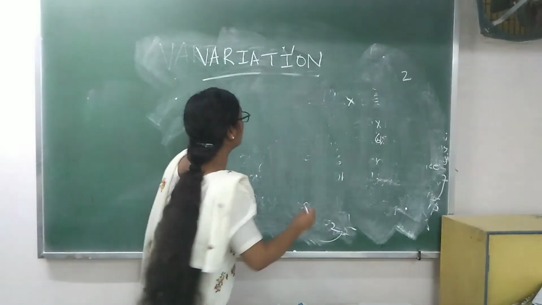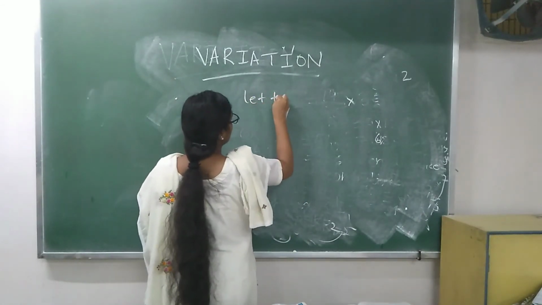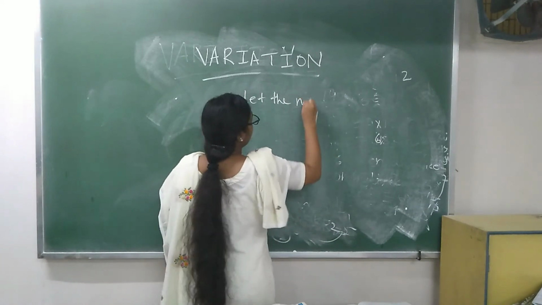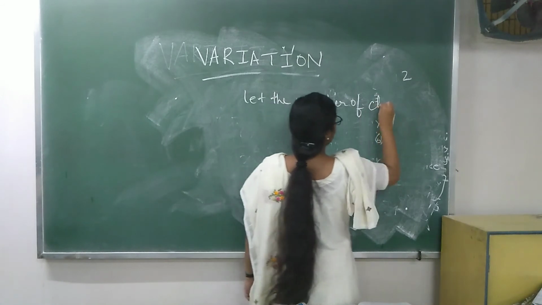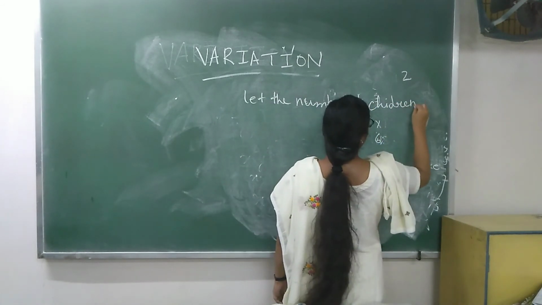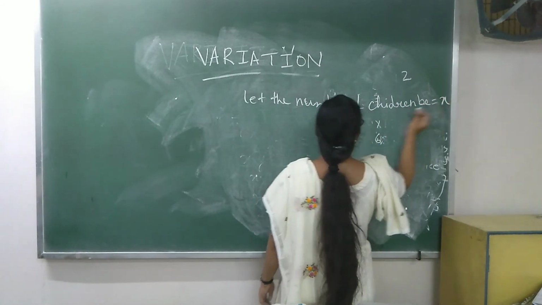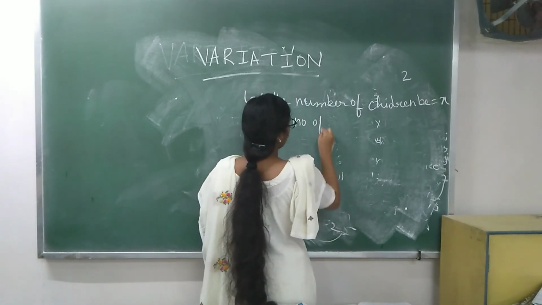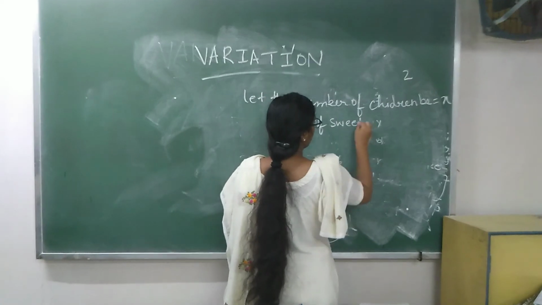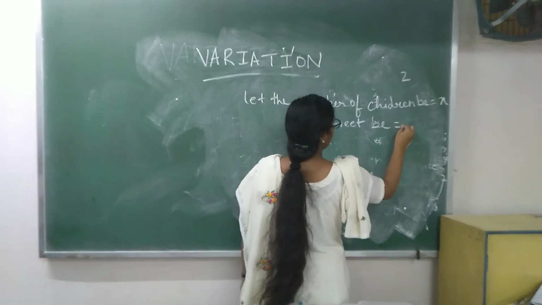First of all, what will you do? Let the number of children be x, and the number of sweets be y.